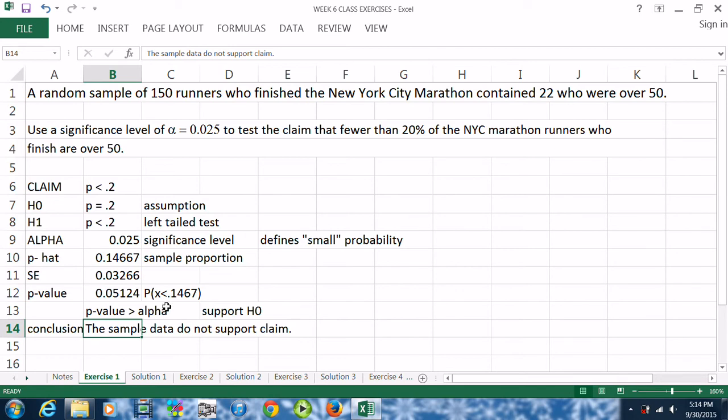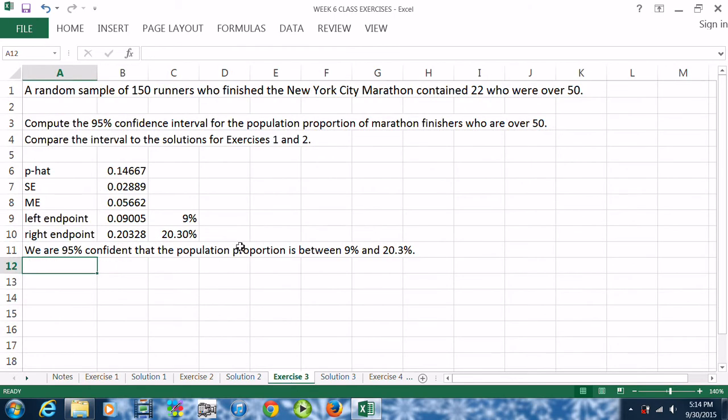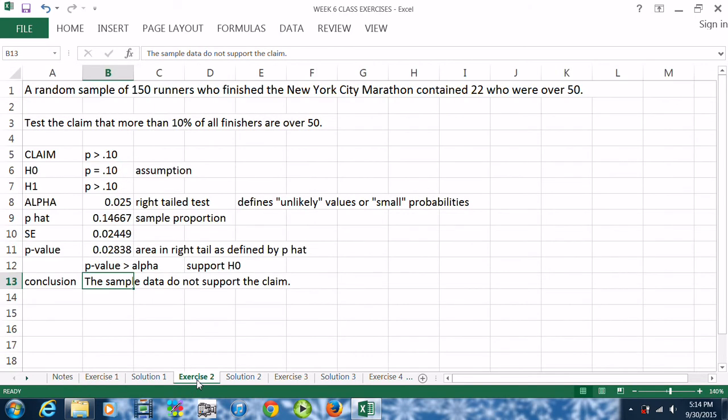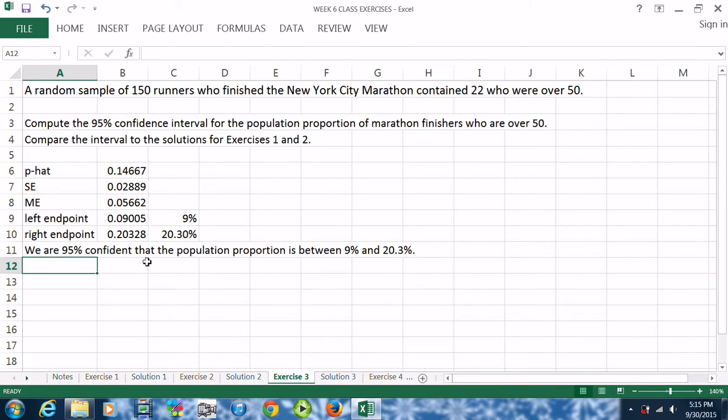So it's just better practice to do a hypothesis test. There can be times where the hypothesis test and the confidence interval don't jive quite as nicely as they did here. So it's always best practice to do hypothesis tests rather than simply rely on a confidence interval.